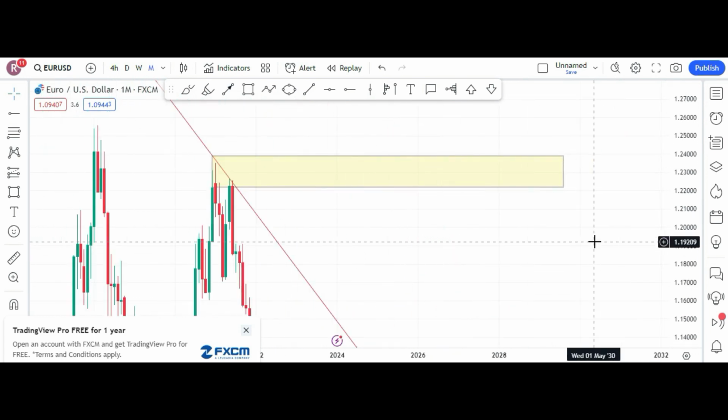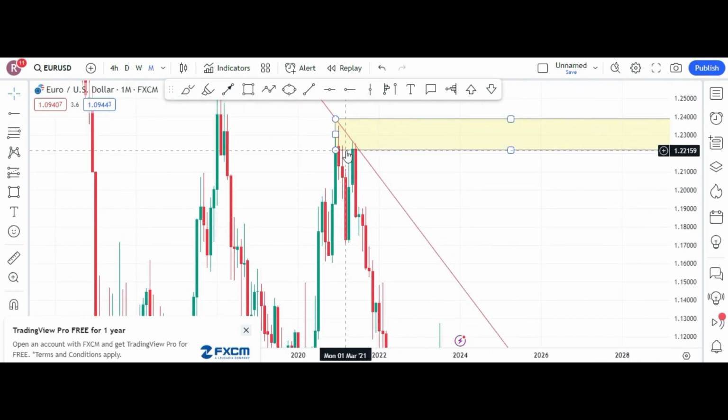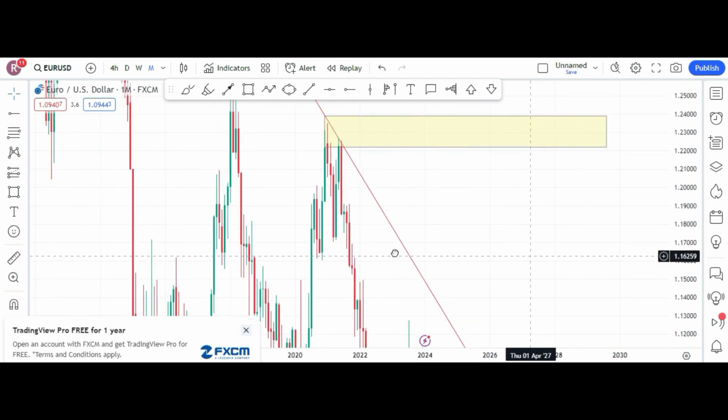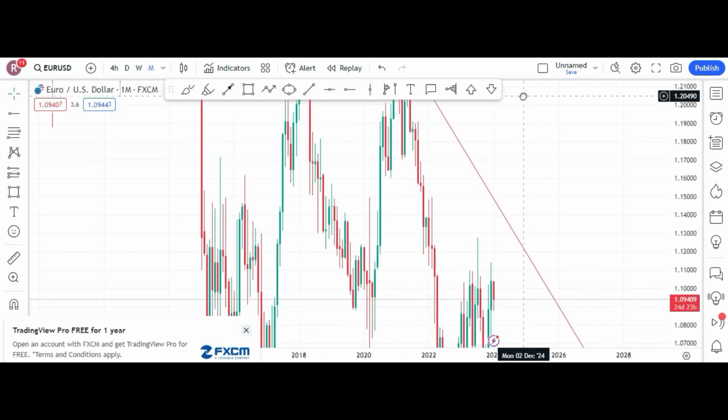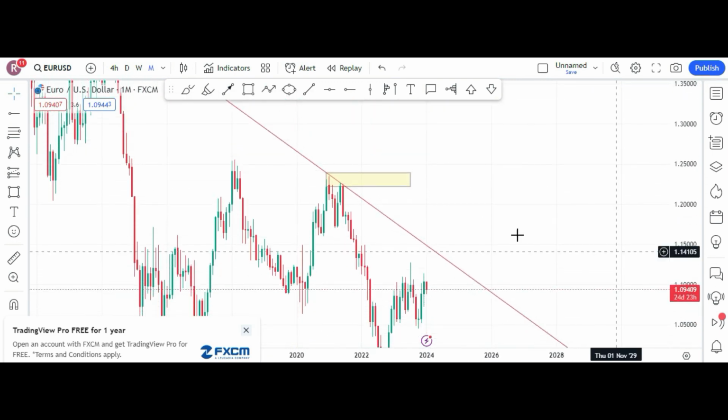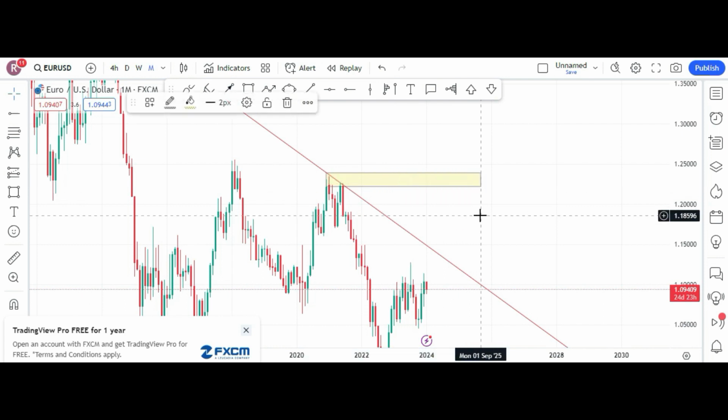Let's increase the size, and we can see that this has occurred from here. And let's not put it out of context in so many months, no point.